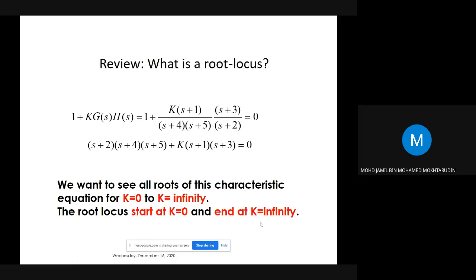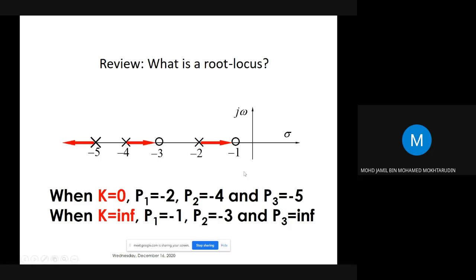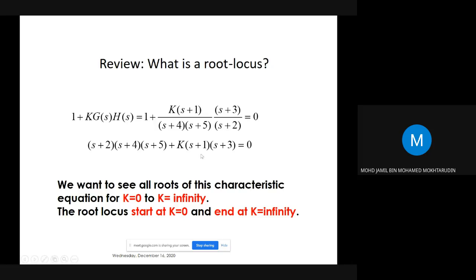For the transfer function just now, when k equals 0 the k term becomes 0, so you have poles at s equals -2, -4, and -5.